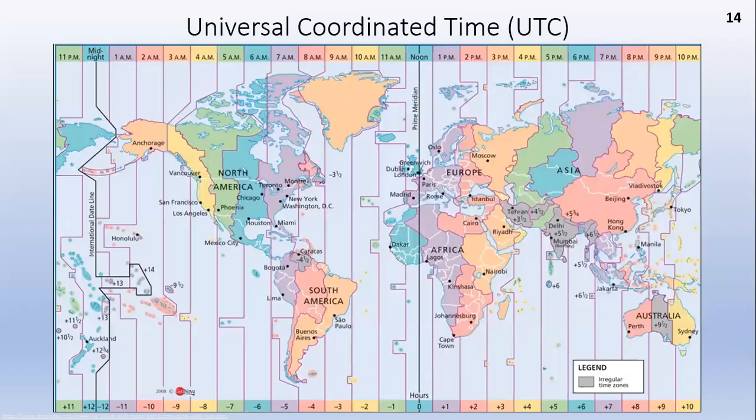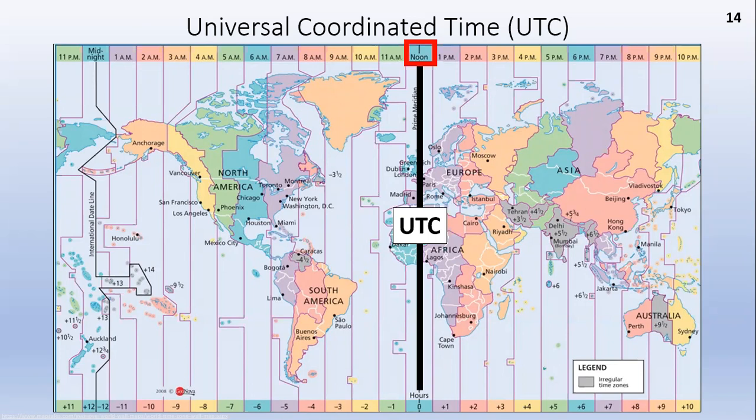The UTC time constant. To avoid global confusion due to local time differences, a global time standard known as the Universal Coordinated Time, UTC, establishes current time at noon at the prime meridian.